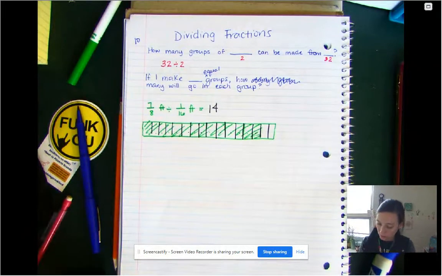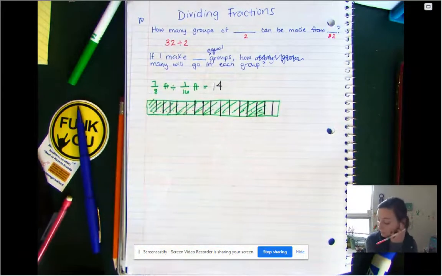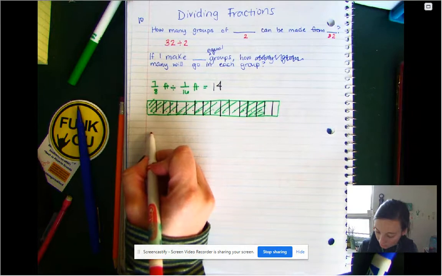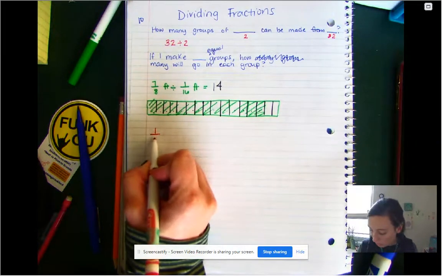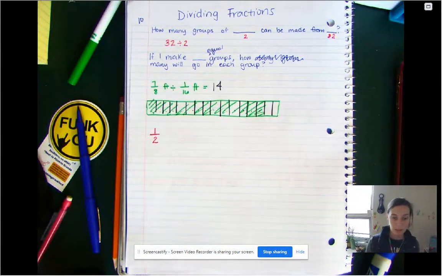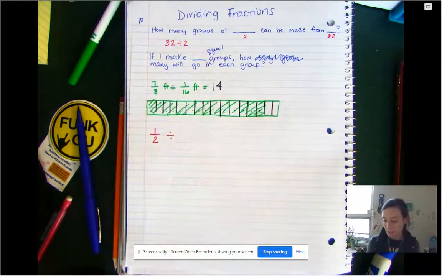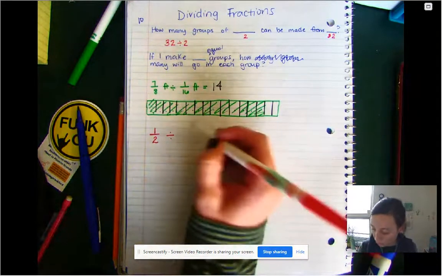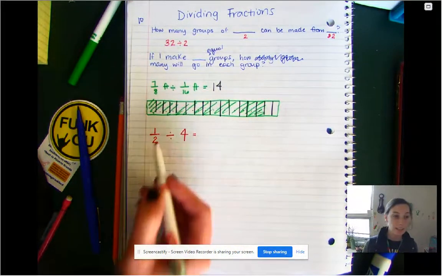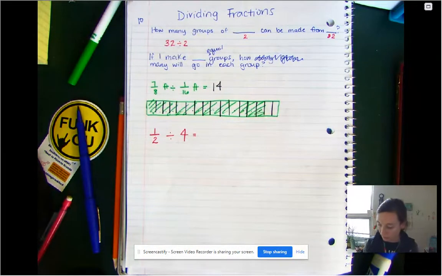Let's say that I have one half of a cup of chocolate chips, and I'm going to divide it into 4 equal groups. In this case, I'm dividing by a whole number, so it might be a little bit easier to wrap my brain around.